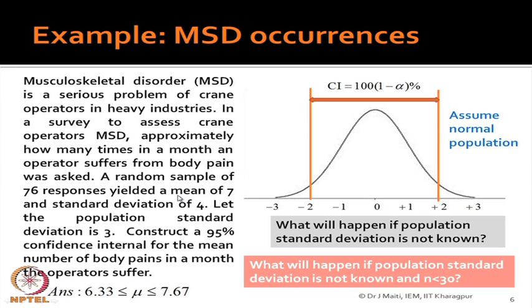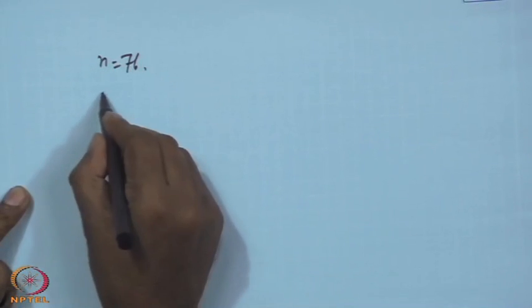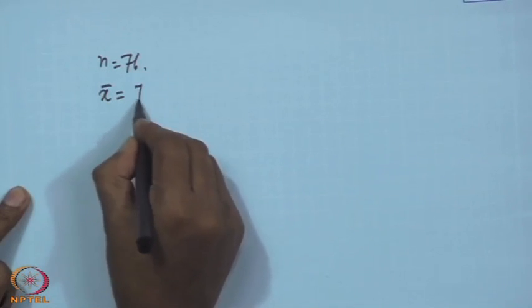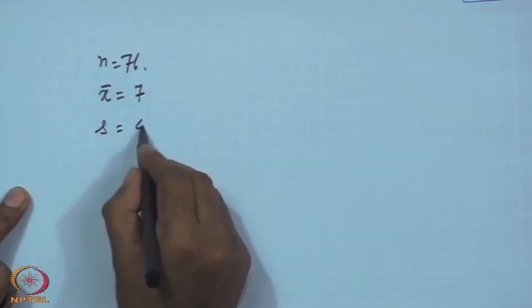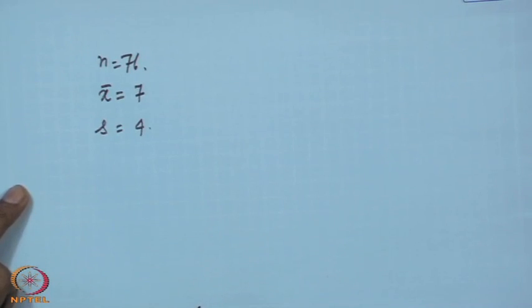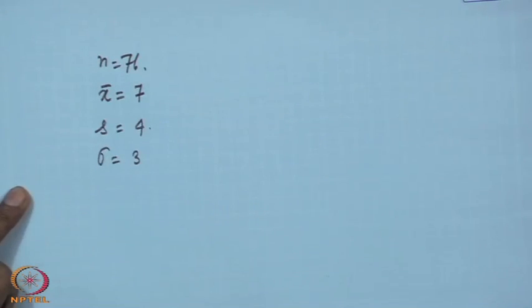So, what is our problem here? We have collected n equal to 76, computed x bar which is 7 and standard deviation s equal to 4. Let the population standard deviation be given as 3, that is sigma equal to 3. Construct a 95% confidence interval for x bar.